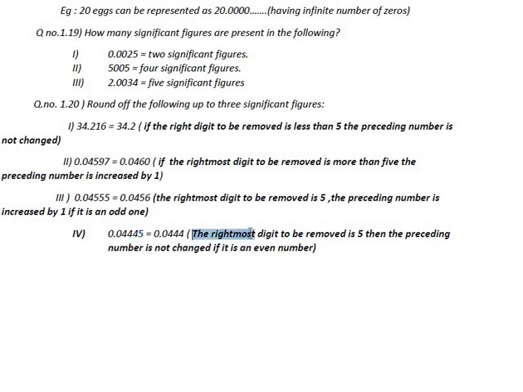If the rightmost digit to be removed is 5, then the preceding number is not changed if it is an even number. So let us see whether the preceding number is even or odd. The preceding number is 4 and 4 is an even number. So we are not going to change it and it will remain the same.